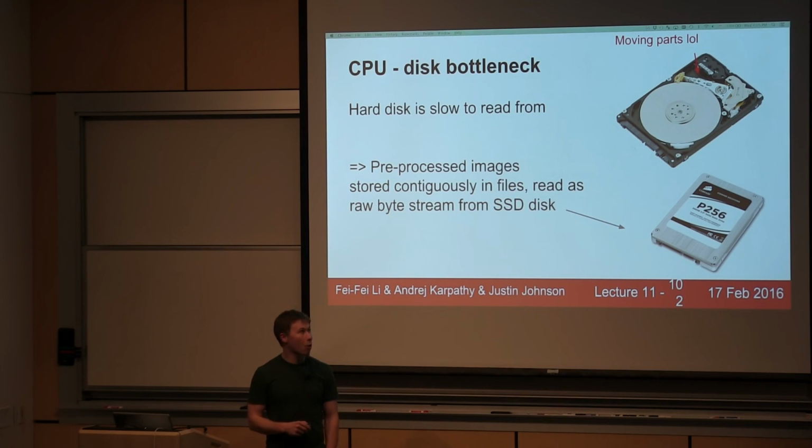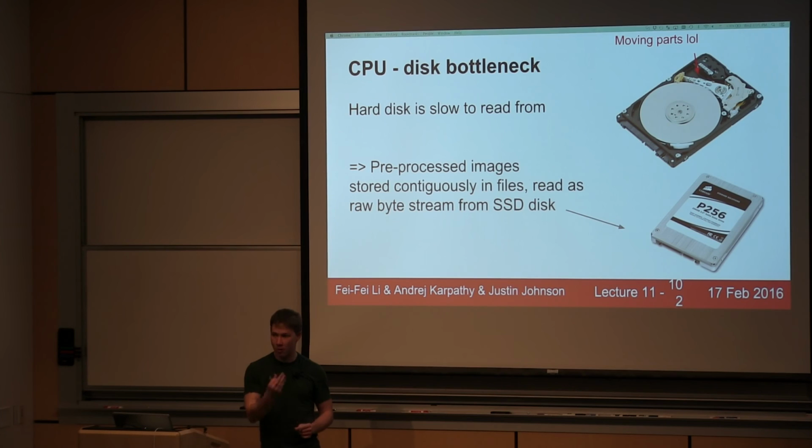One common feature to both hard disks and solid state drives is that they work best when you're reading data sequentially off the disk. So one thing that would be really bad, for example, is to have a big folder full of JPEG images. Because each of these images could be located in different parts of the disk, you'd have to do a random seek to read any individual JPEG image.